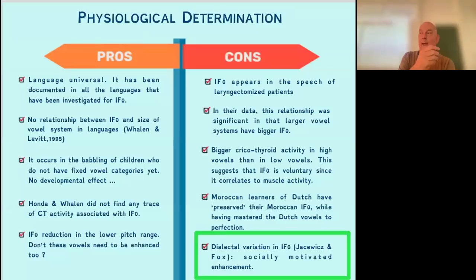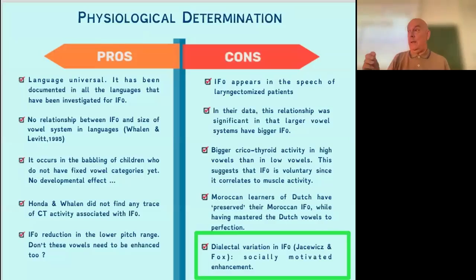What we found was that native speakers of Moroccan Arabic had a very small IF0 of 7 or 8 hertz, depending on the group.